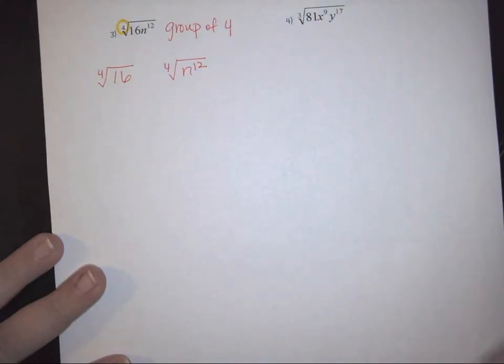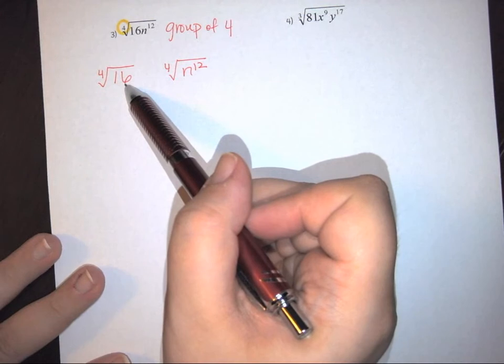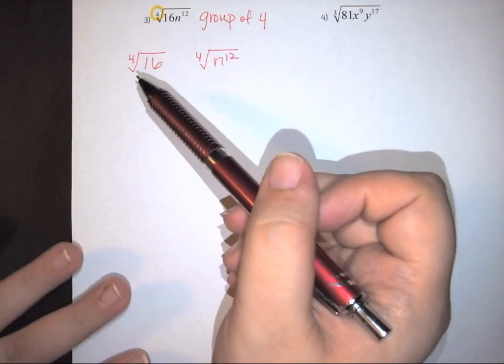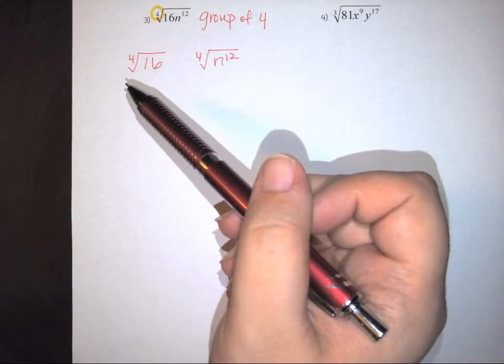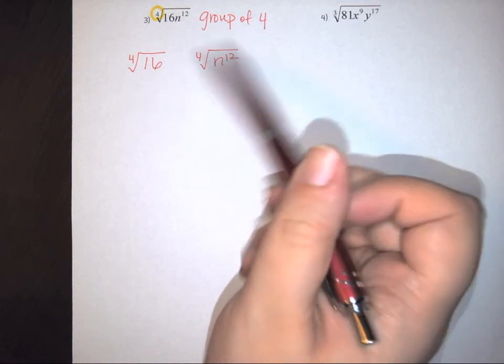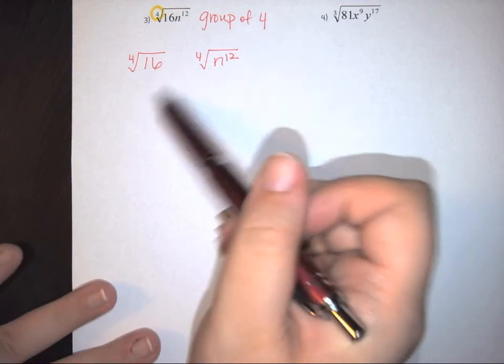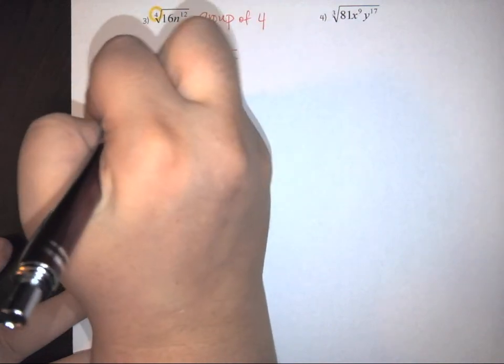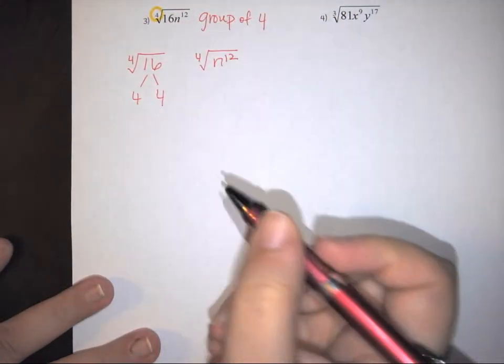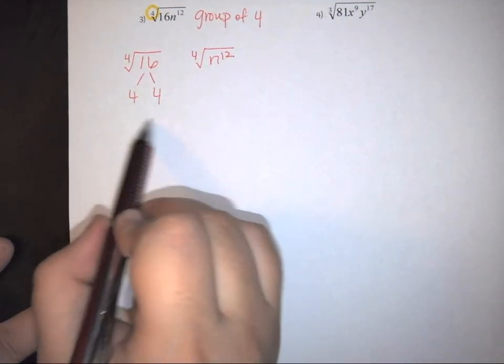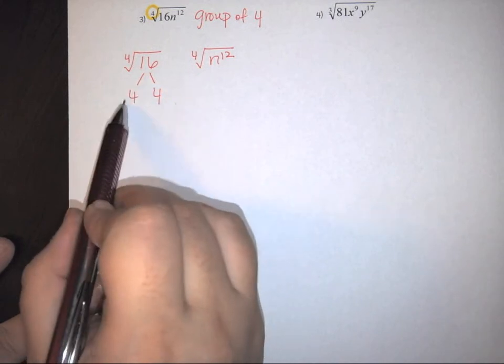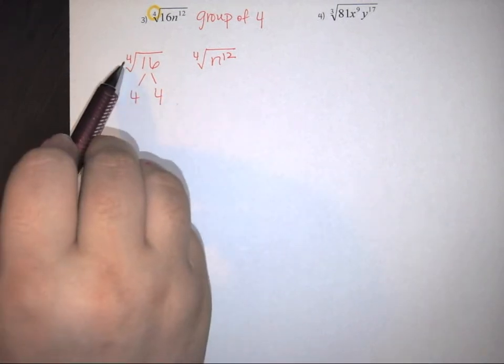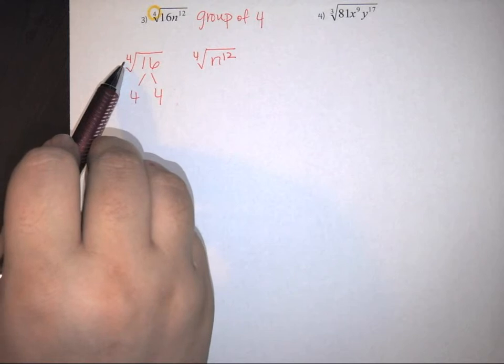In doing so, I have to again attack it by simplifying my number, and this time instead of finding a group of 2, I need to find a group of 4. So when I look at 16, one of the first things that I personally see is 4 times 4. So notice this is a group of 2, yes, but my index says I need to have 4 identical members.